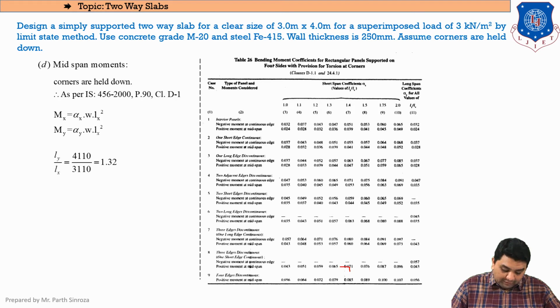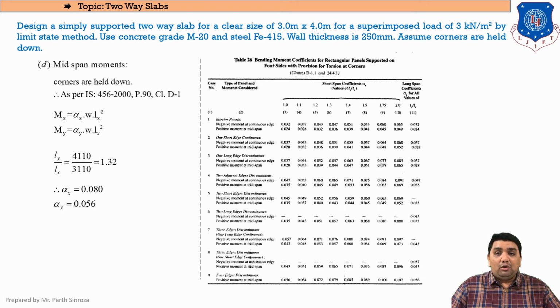So we need to interpolate between these two values, 0.079 and 0.085, to find the value of alpha x, and alpha y is directly given in the last column, that is 0.056. This way we calculate the bending moment coefficients alpha x and alpha y. So alpha x in this case comes out to be 0.080 and alpha y comes out to be 0.056.